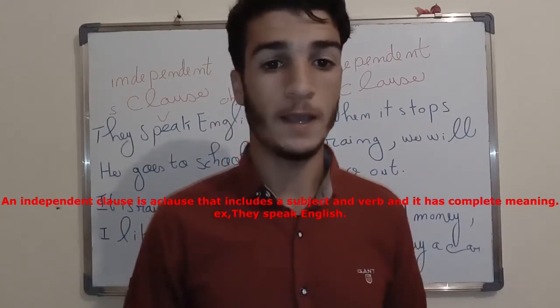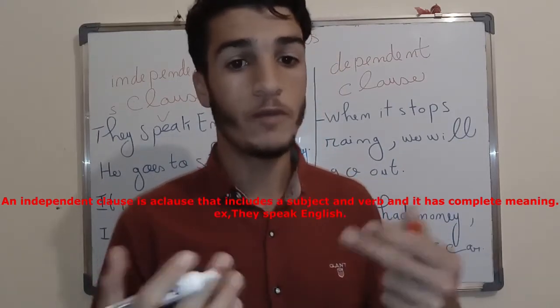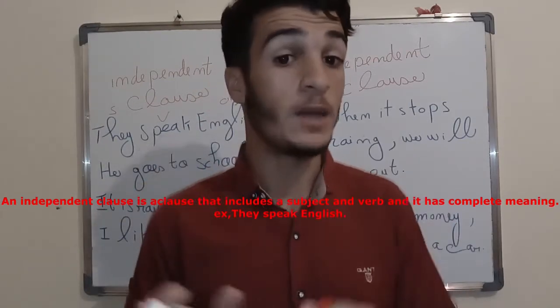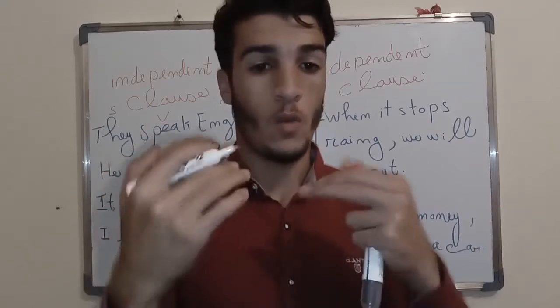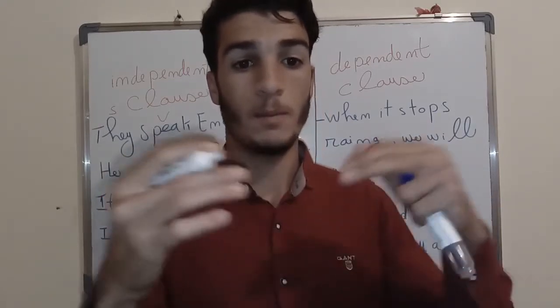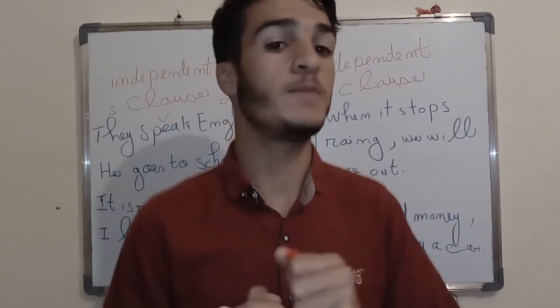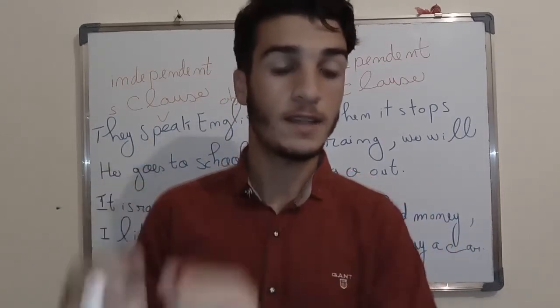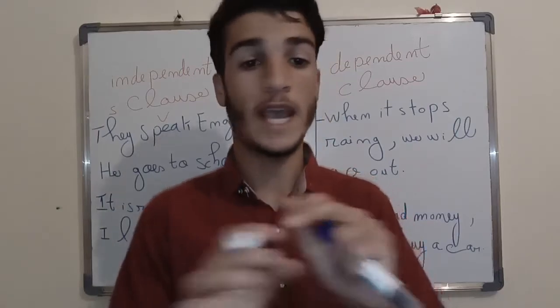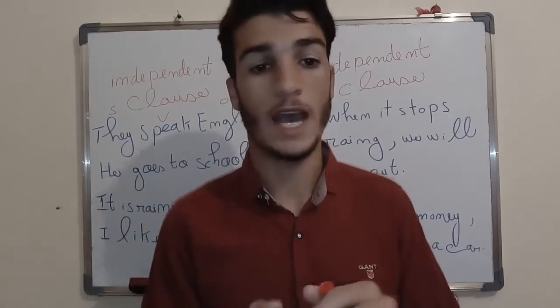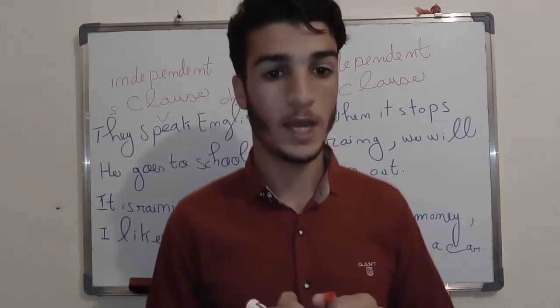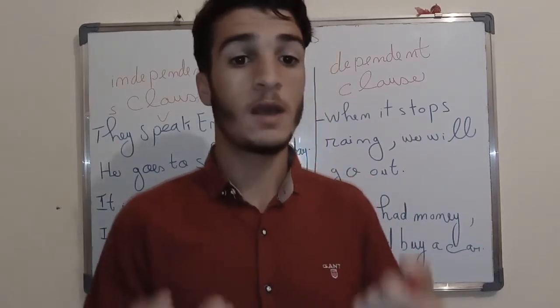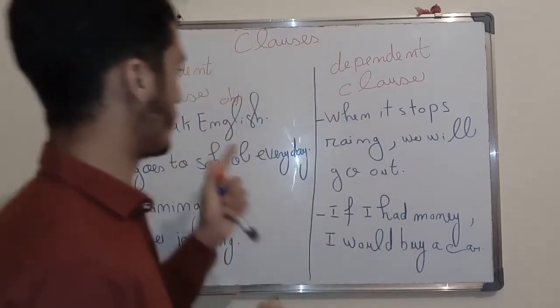That is to say, when we form an independent clause, we should have complete meaning. It makes sense. It can stand alone. It doesn't need anything else in order to have complete meaning. It stands on its own, like in here.